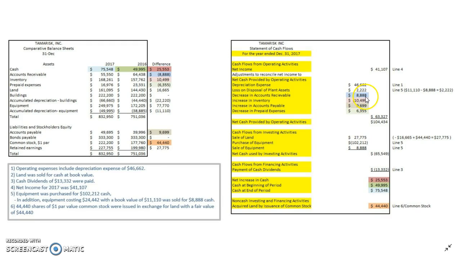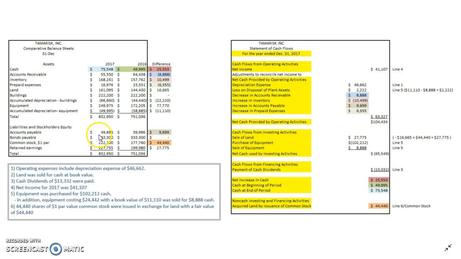Now, increase in inventory. We look at our inventory, and we'll see here that it did increase by $10,499. This implies they bought more inventory, so that's money going out. So here it's going to be negative $10,499.